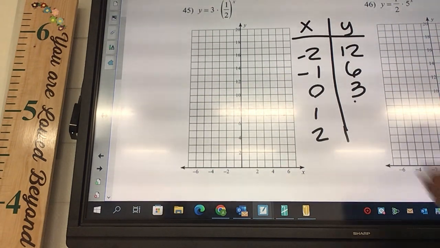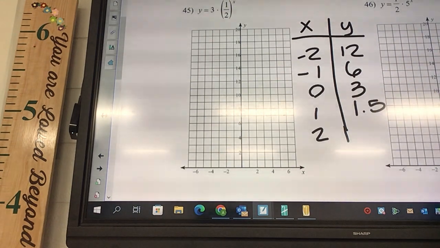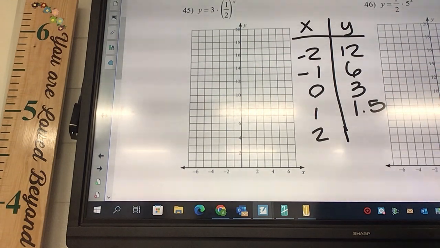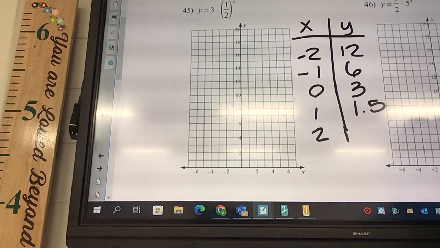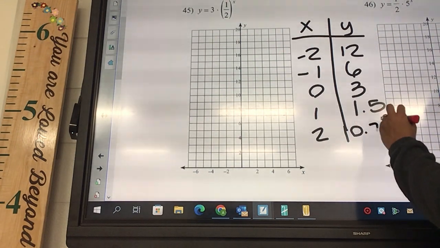So would you get 1.5? What about 2? 0.75.